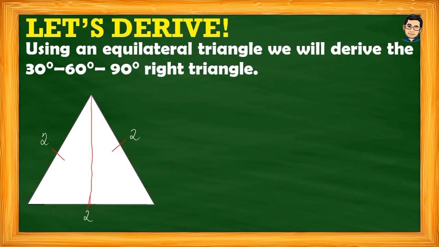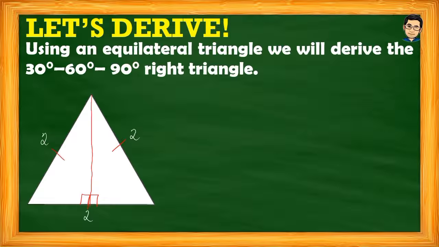Okay, ang perpendicular bisector na yan, hinati niya yung base, yung nasa baba. And then, dahil nga perpendicular bisector yon, nag-form po ng dalawang right angle. Ibig sabihin, yung ating equilateral triangle ay nahati sa dalawa.